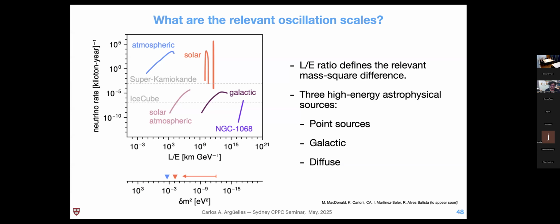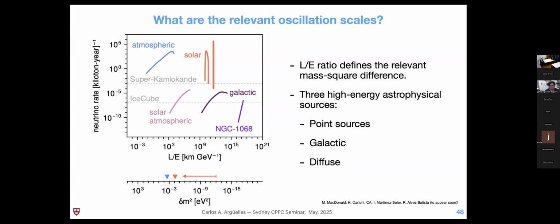So what are the relevant oscillation scales? This is a figure from a paper that's coming out from my student, Kiera Carloni, and Miller McDonald. What you're seeing here on the left is the neutrino rates from natural neutrino sources per kiloton year detector.